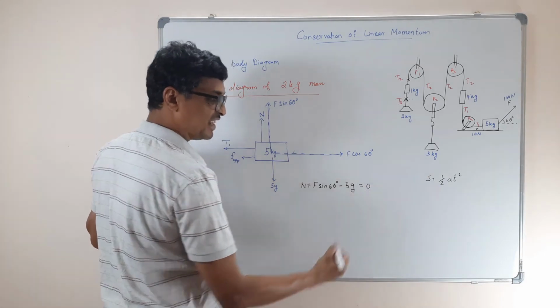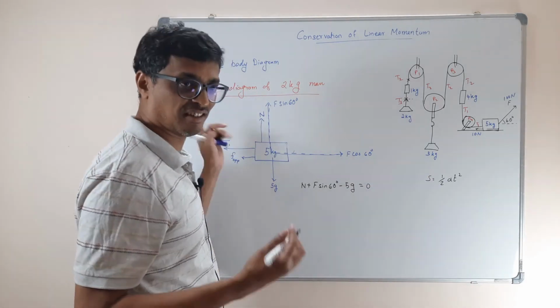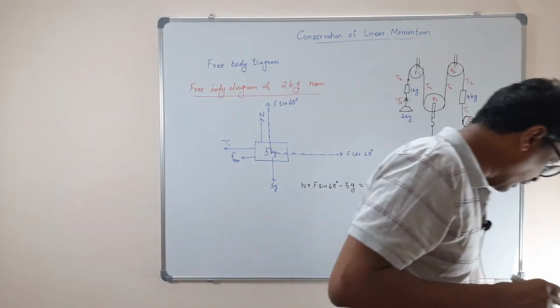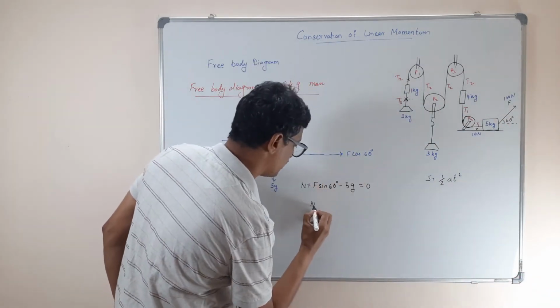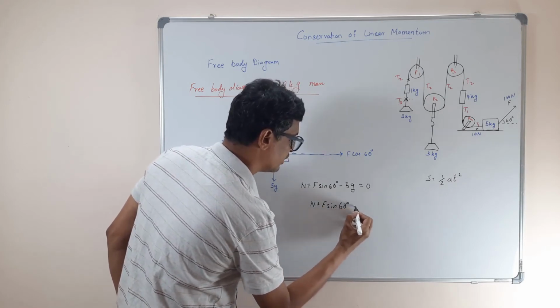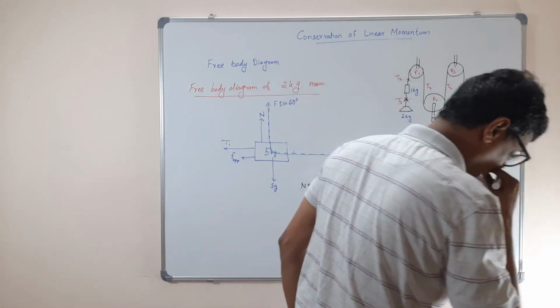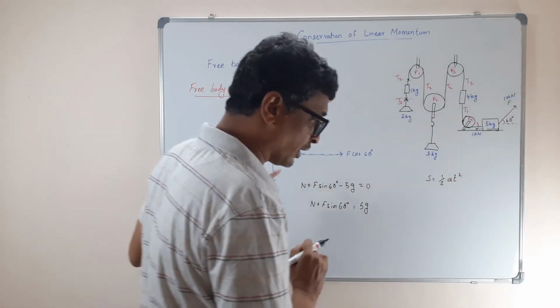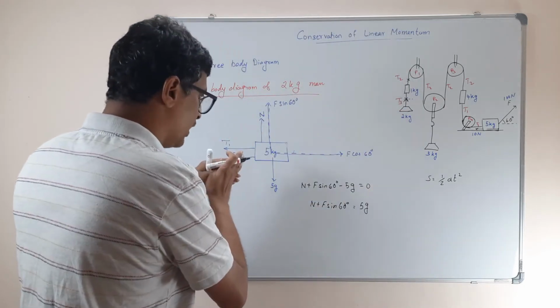There's no net force. So there is no vertical motion at all. Okay, so that's what they have written. They have taken the 5g here: N plus F sin 60 degrees equals 5g. This is along the vertical direction. So there is no motion. Now let us come back to the horizontal direction.